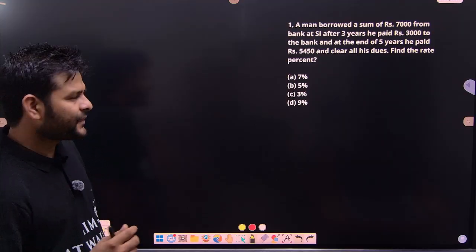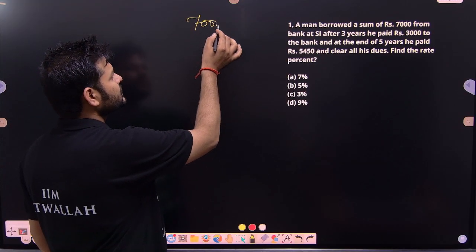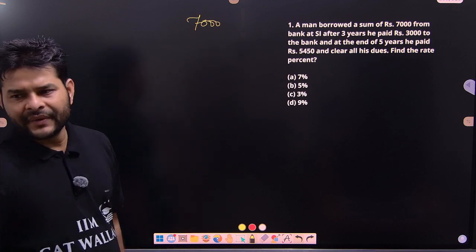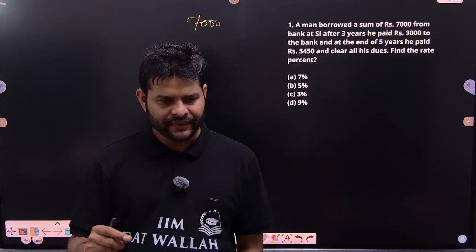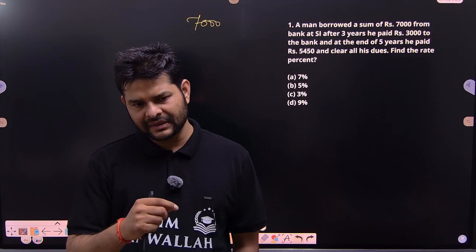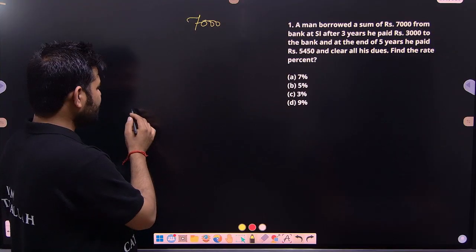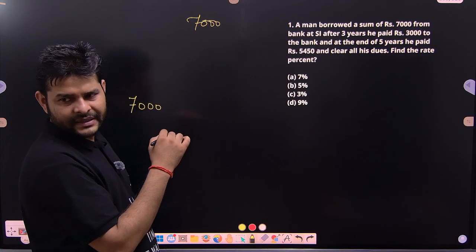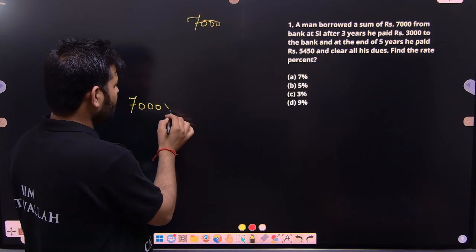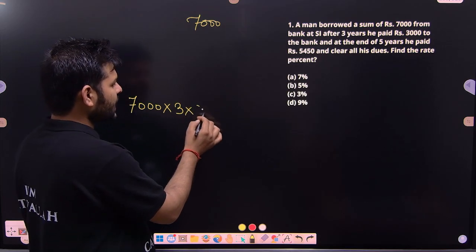If I have taken 7,000 and don't pay any money for 3 years, definitely the bank will charge simple interest. So on that 7,000, the simple interest would be for 3 years with the rate of interest R.